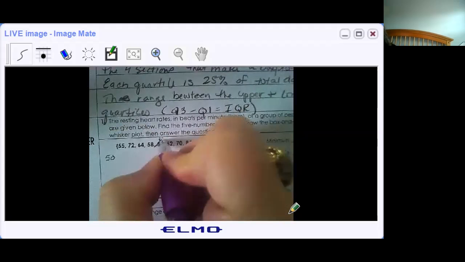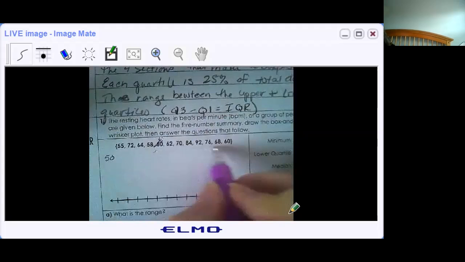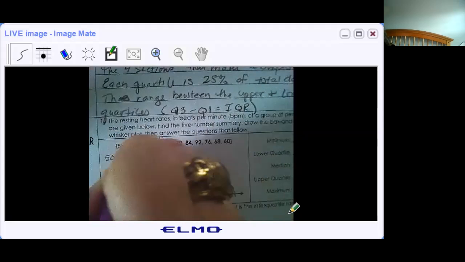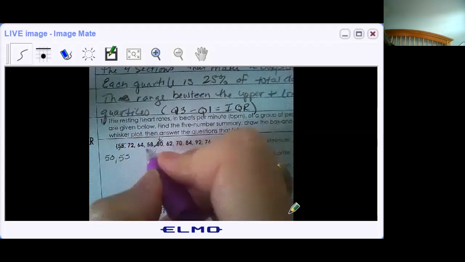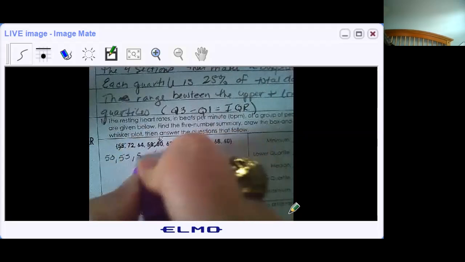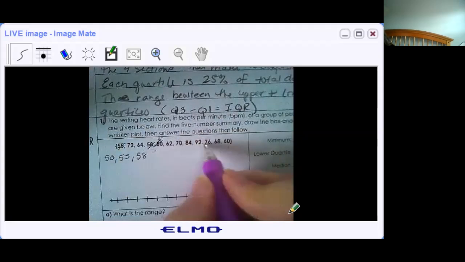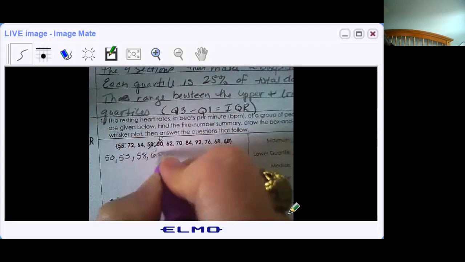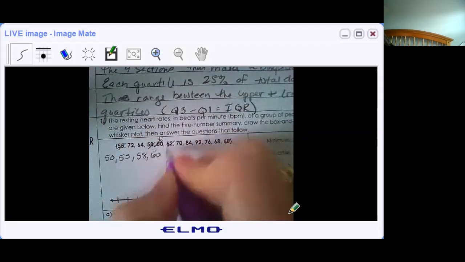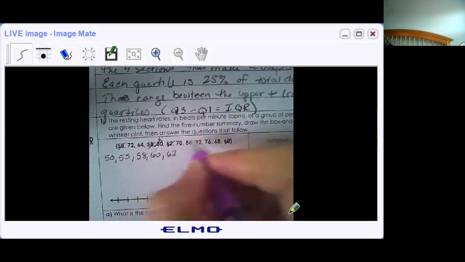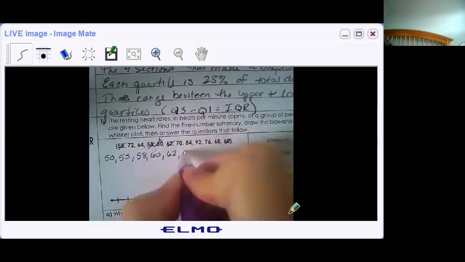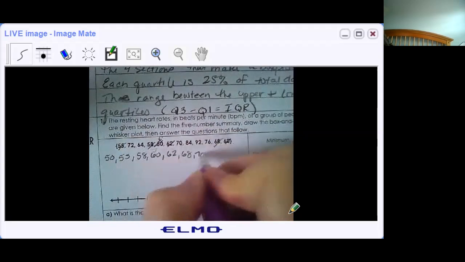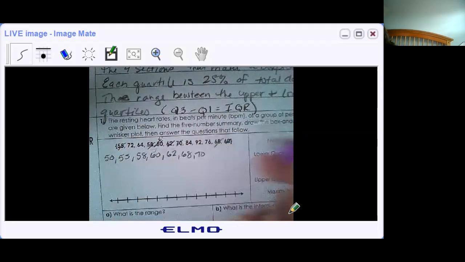Then I'm going to look. I got 55 and 58. Okay. And then I've got 60 and 62 and 68. And then I have 70. Oh, wait a minute, I forgot one, didn't I?